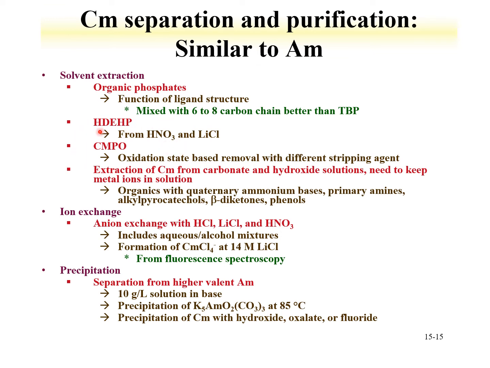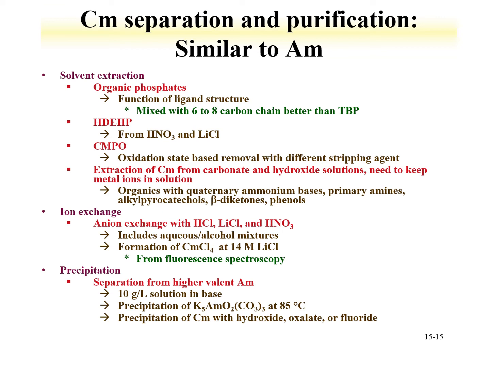CMPO, curium can be treated similar to what was described for the americium. Ion exchange, again with the lithium chloride, nitric, and HCl systems, exploits the formation of anionic chloride species at the high lithium chloride concentrations.